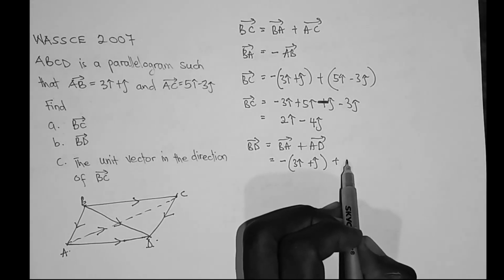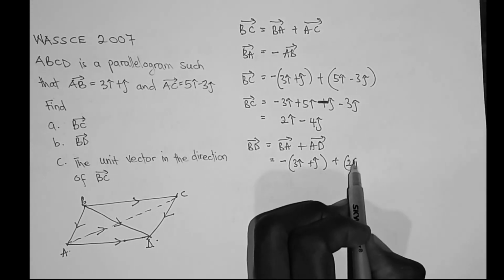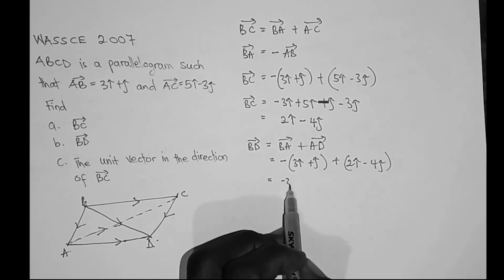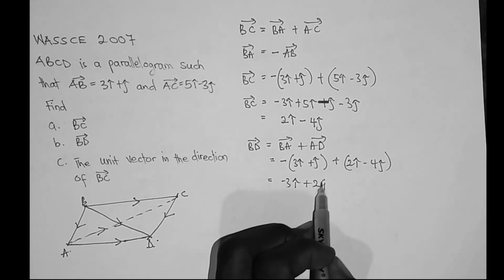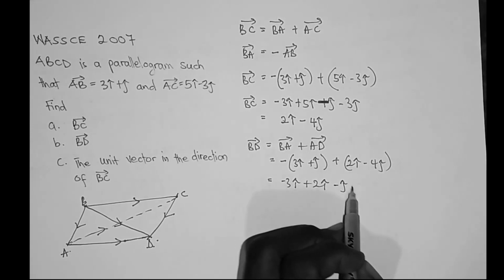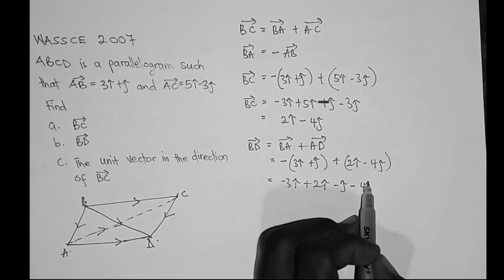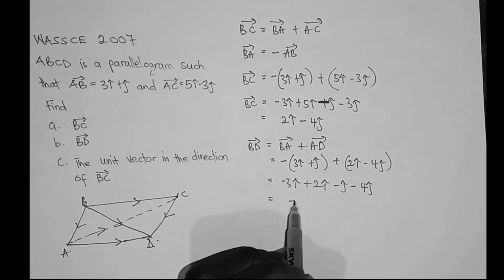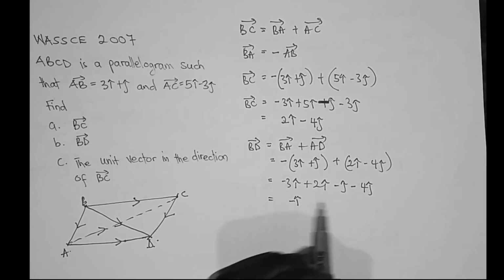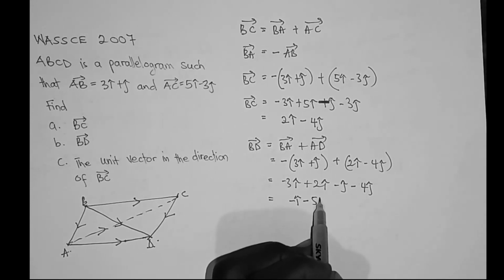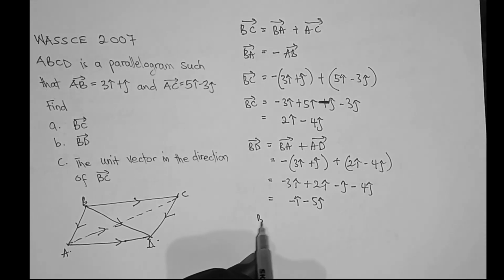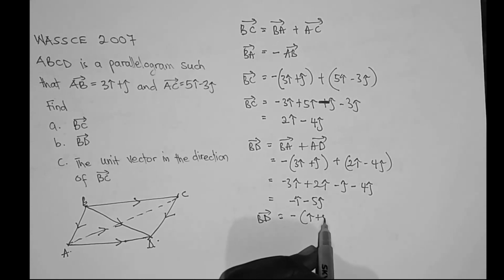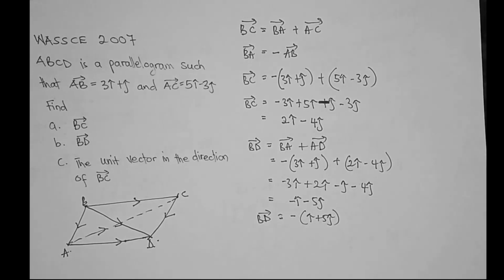So this is plus 2i minus 4j. This is equal to minus 3i plus 2i, then minus j minus 4j. So minus 3i plus 2i is minus i, and minus j minus 4j is minus 5j. So in other words, BD is equal to minus into bracket i plus 5j. This is vector BD.